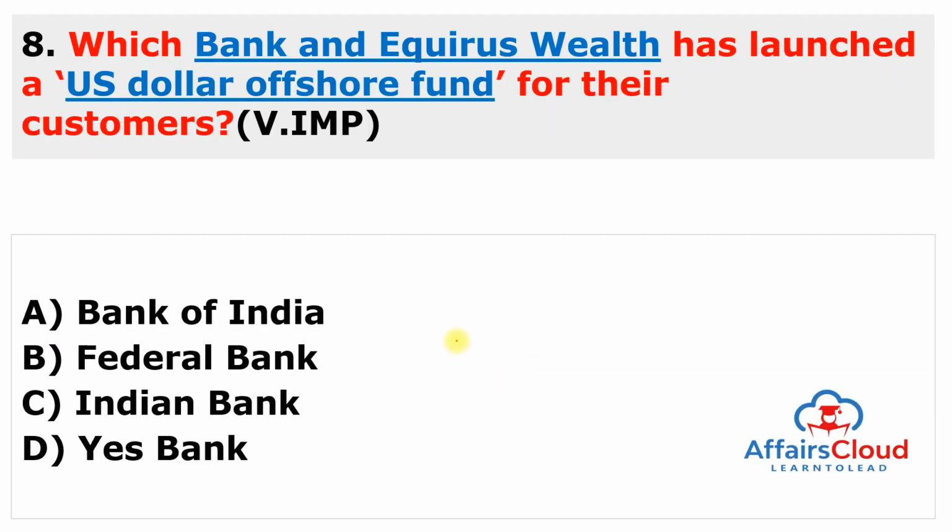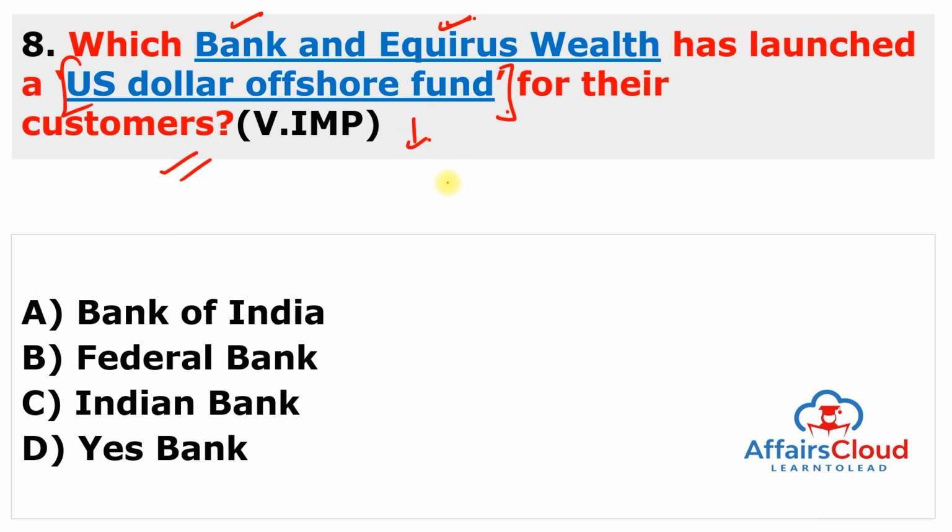Moving to the next question. Which Bank and Equirus Wealth has launched a US dollar offshore fund for their customers? So the keyword here is US dollar offshore fund, and this Bank and Equirus Wealth signed an agreement so that they can launch this fund for their customers. It is very, very important, but first of all you have to remember what an offshore fund is.